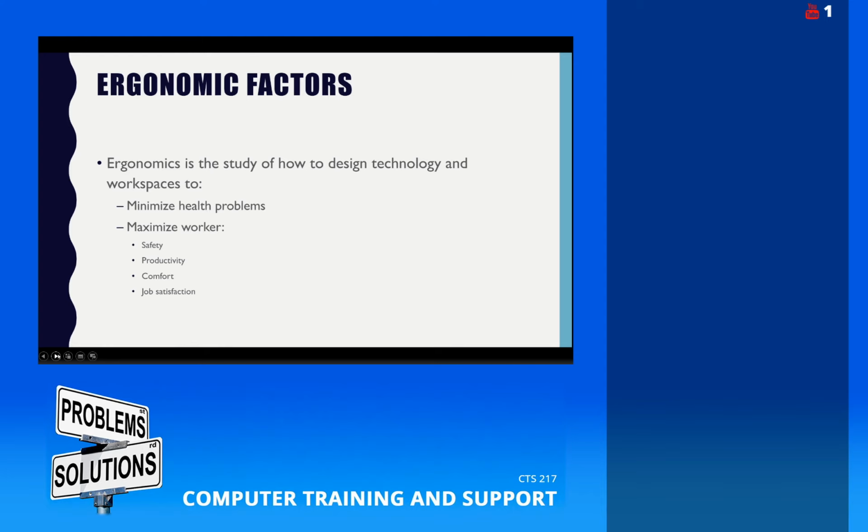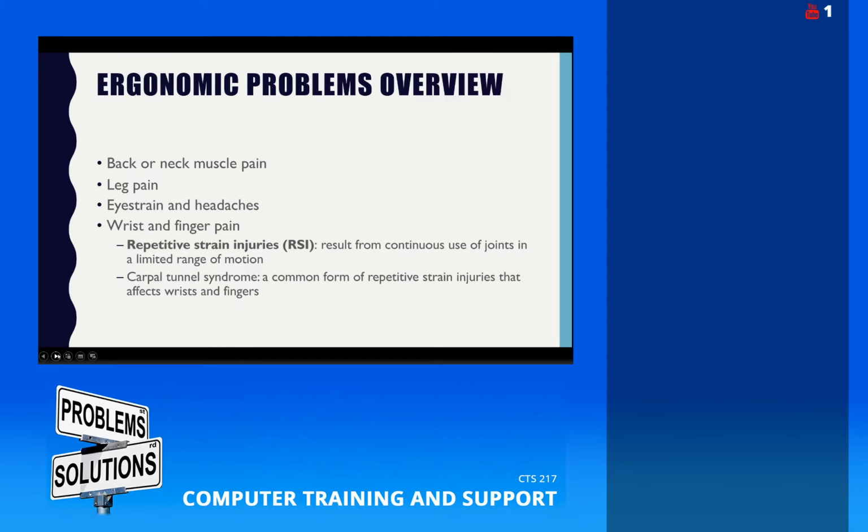Because, again, we look at these knowledge worker jobs and we don't consider them to be particularly dangerous, right? But there are a lot of factors here that could severely impact a worker's health. So we have to consider those as we are developing workspaces for people to work in.